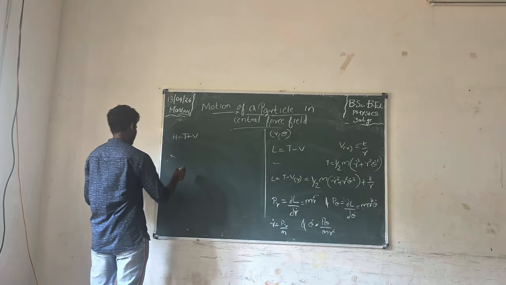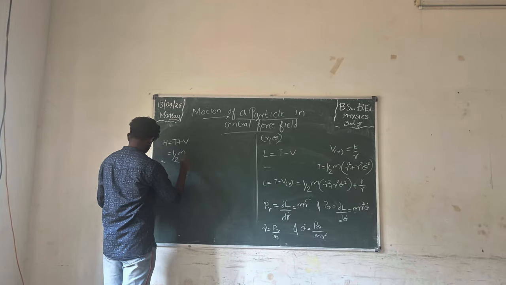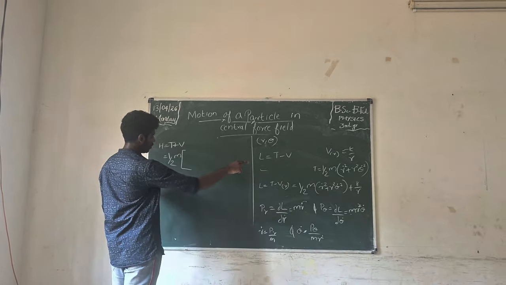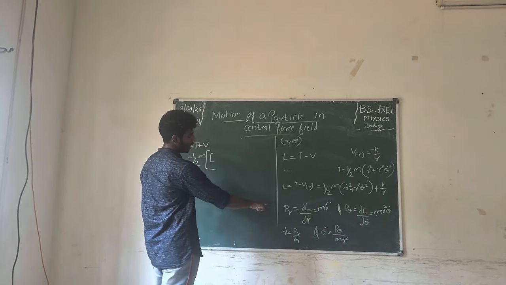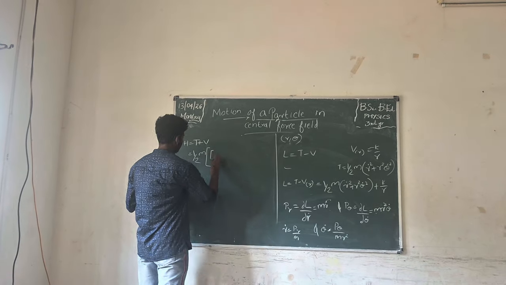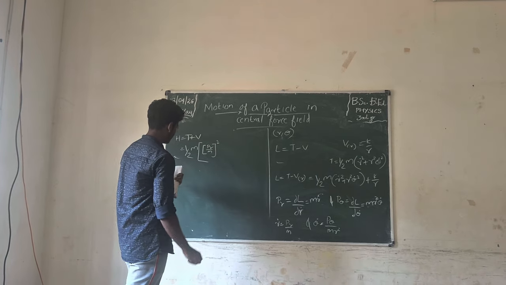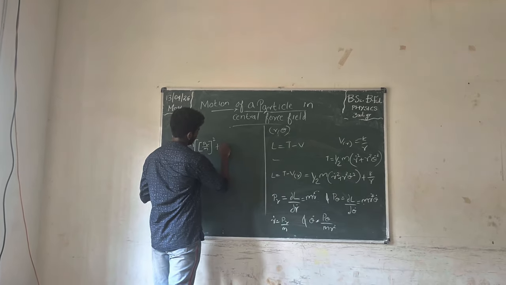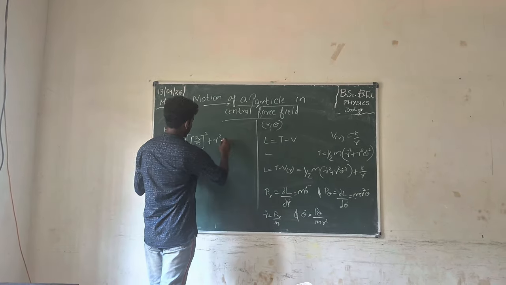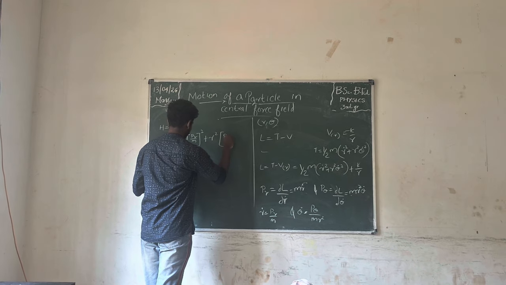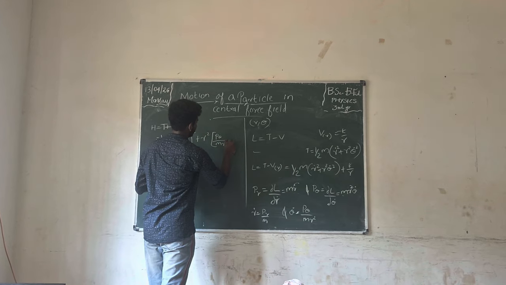So it will become half m times r dot square, right? r dot is p r by m, so it will become (p r by m) square plus r square times (p theta by m r square) whole square.